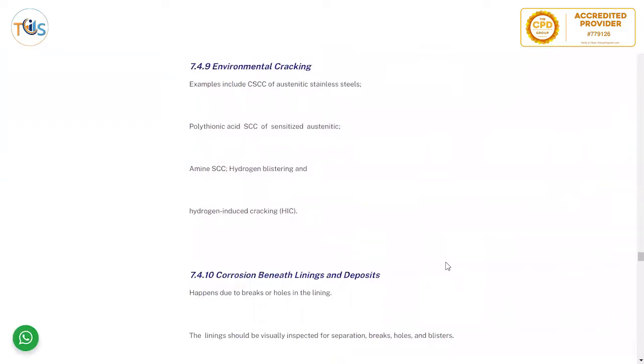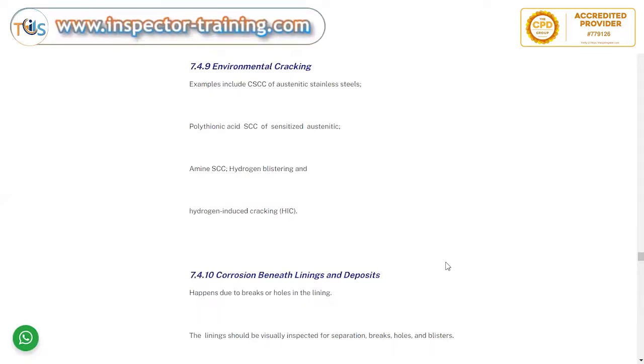Environmental cracking. Examples include chloride stress corrosion cracking of austenitic stainless steel, polythionic acid stress corrosion of sensitized steel, amine stress corrosion cracking, hydrogen blistering, and hydrogen-induced cracking.